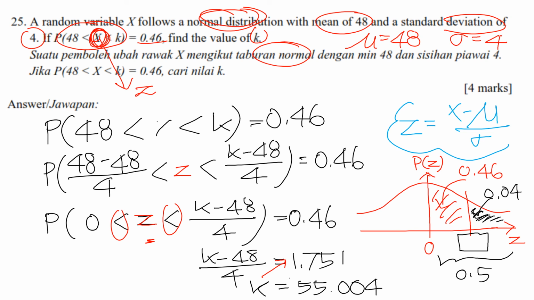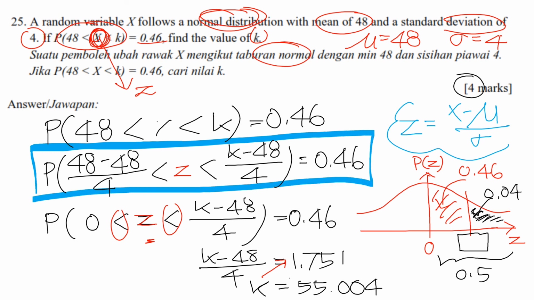So markah di mana? 4 markah. Kita tengokkan markah di mana. Cikgu gunakan warna blue, tick blue color. Yang pertama adalah, bolehkah anak murid tukarkan the whole thing here daripada X ke Z? Kalau ya, 1 markah.